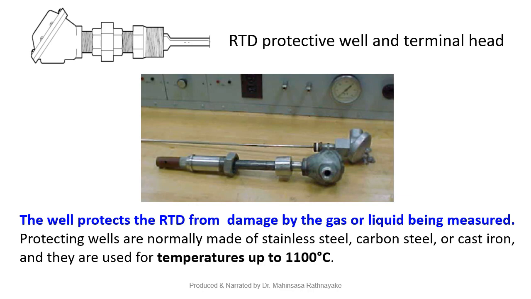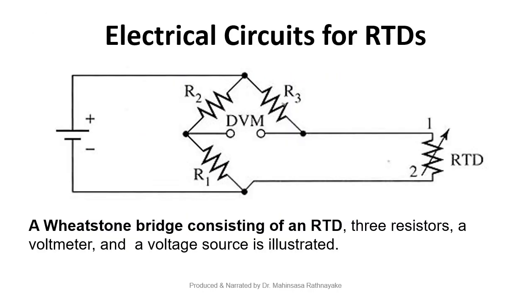Sometimes resistance-based temperature devices can be used in a Wheatstone bridge circuit, where three known resistors and the unknown resistance that corresponds to the unknown temperature, with a voltmeter and a voltage source, are used as shown in the figure.